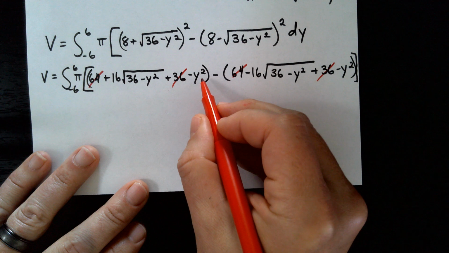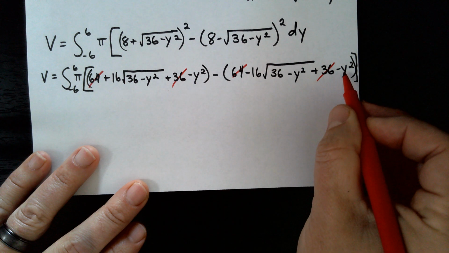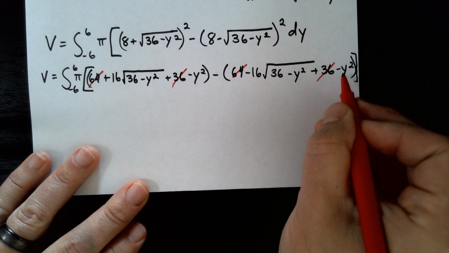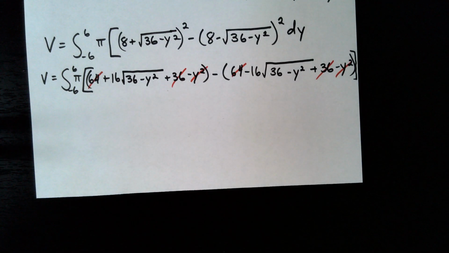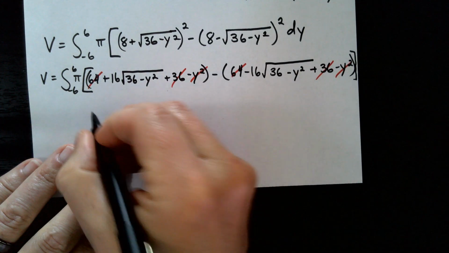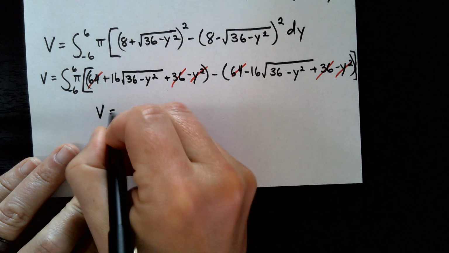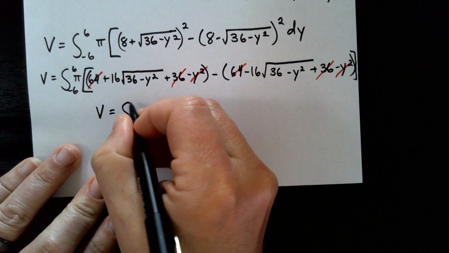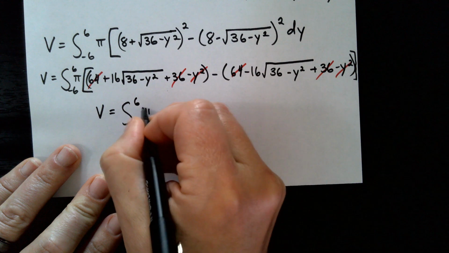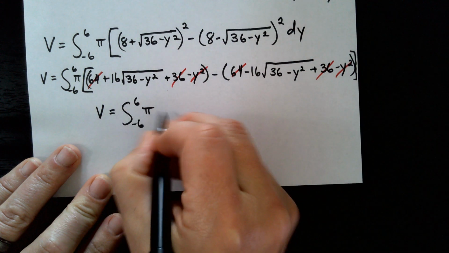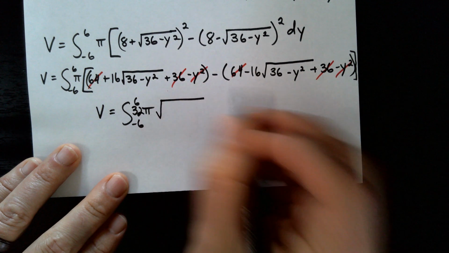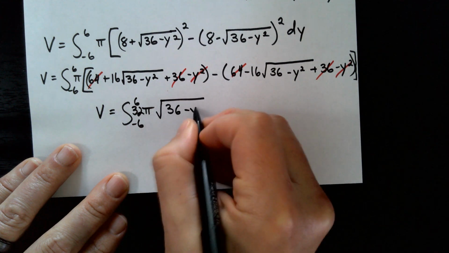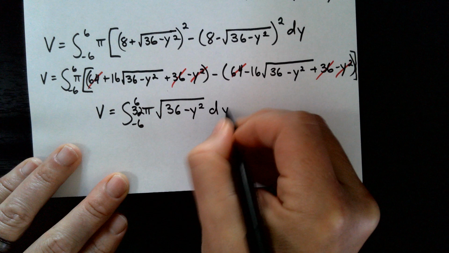Here we have a negative y squared, and we have one here too, but the negative distributes and makes this one positive, so that one also cancels out. So you get a bunch of cancellation, and then on the inside you get V is equal to the integral of, the 16 and 16 makes 32, so I'll put the 32 before there, square root of 36 minus y squared dy.